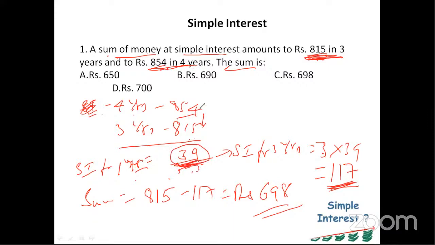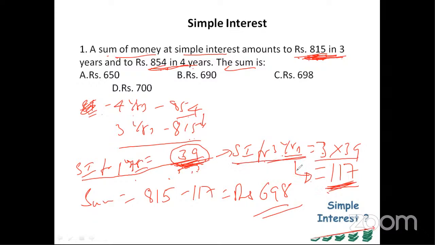But since we have the first money for 3 years, we will calculate the simple interest for 3 years. We simply multiply this simple interest for 1 year by 3, and we get the simple interest for 3 years.